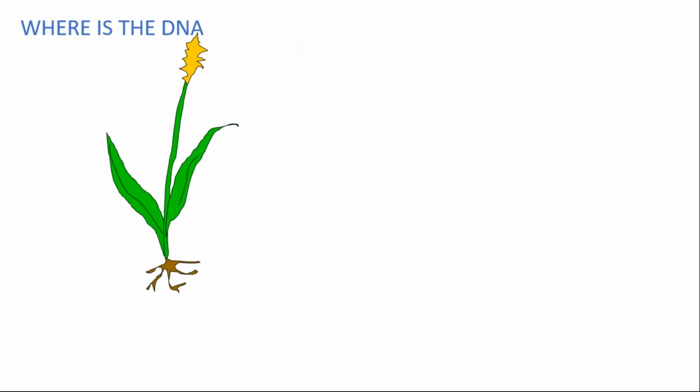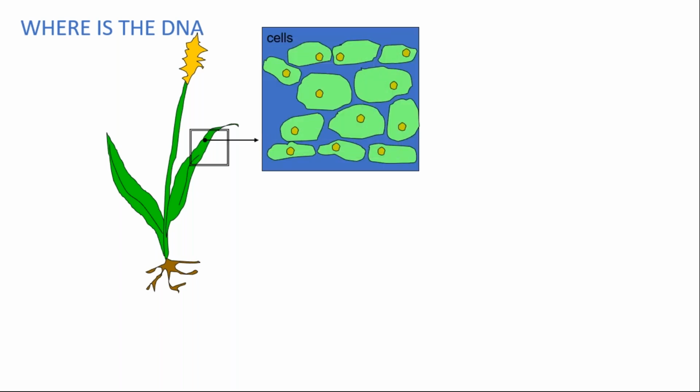So where is the DNA? If you look at the DNA, you can get it from any part of the living organism. It could be the leaf, the root, and in the humans, it could be the skin, the blood, etc. If you look at the organism from the leaf, what you see is a whole group of cells.